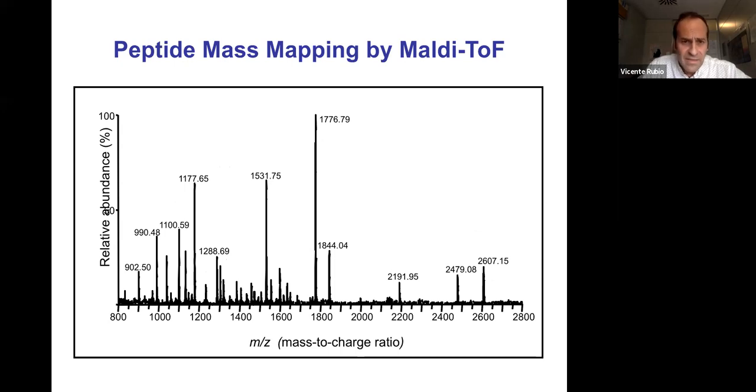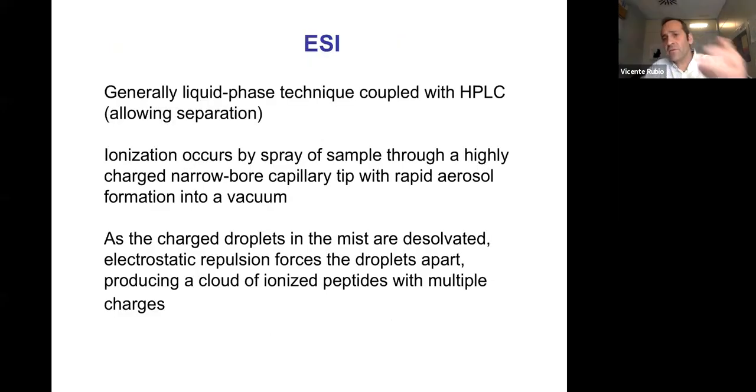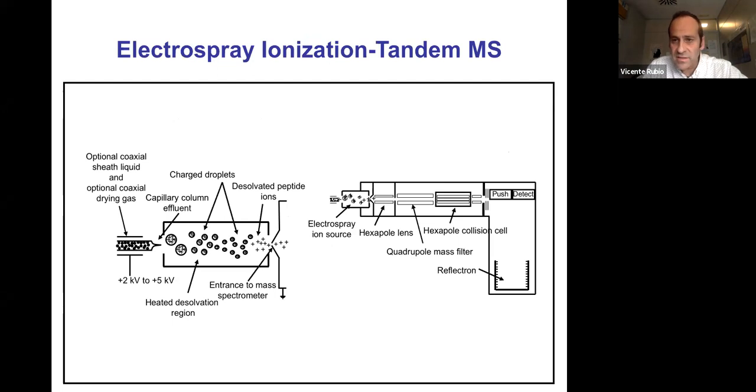Okay, so then we have this other ionizing system, which is the Electrospray. Here what we'll do is to pass our sample through a capillary tip to become an aerosol that can also be ionized using an electric field, and you get a cloud of ionized peptides, better to see in the picture.